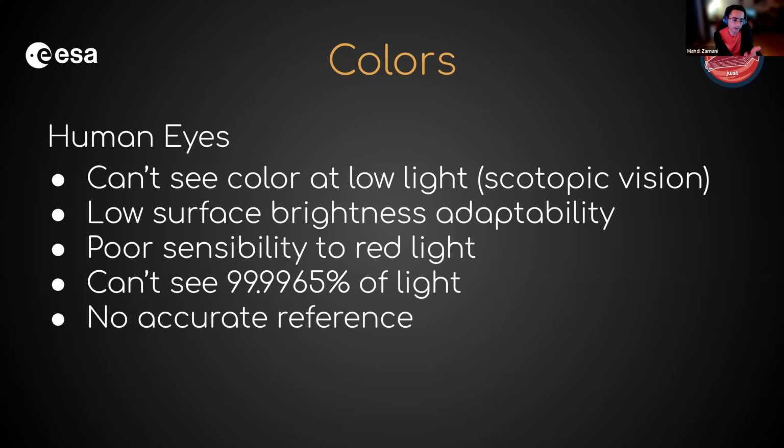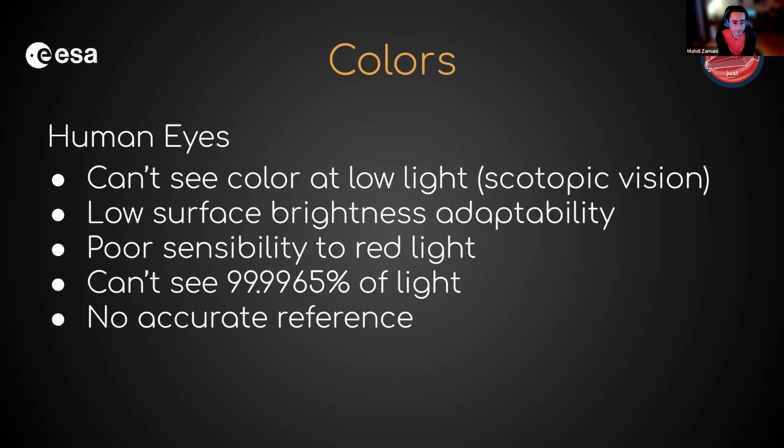They know this color in their head, and the image produced in their head corresponds with the word orange. But is it the exact orange that the other one sees? We actually don't know. So there is no accurate reference right now for what human eyes exactly see as colors.